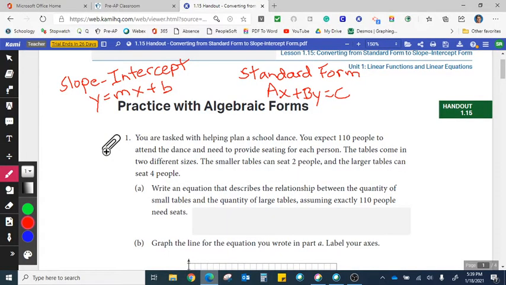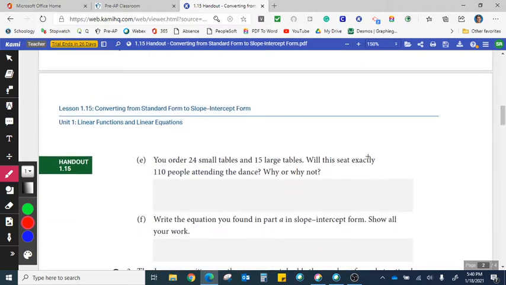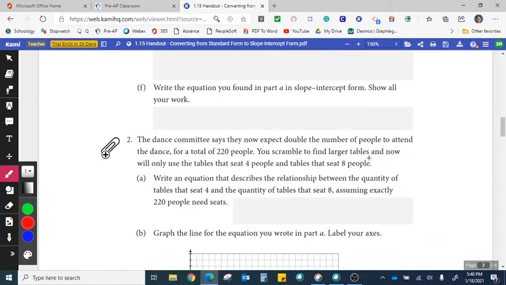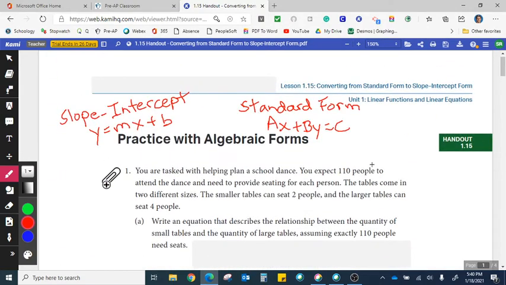I'm going to go into problem number one. I'm going to walk you through this one, and then problem number two here in 1.15. It is basically the same problem, and you're going to notice some things that are going to happen. All right, and I want you guys to go ahead and do those problems.